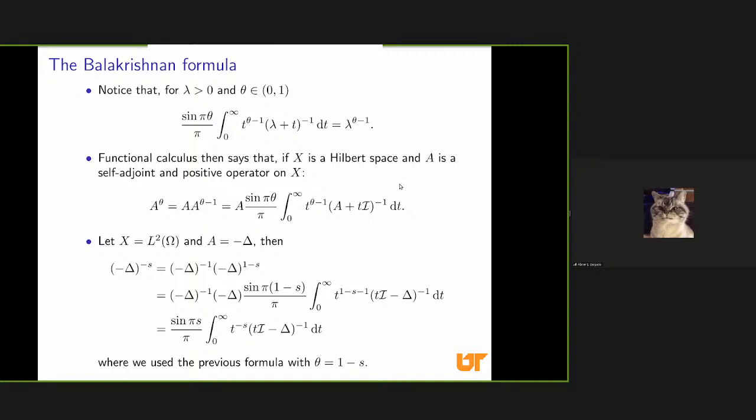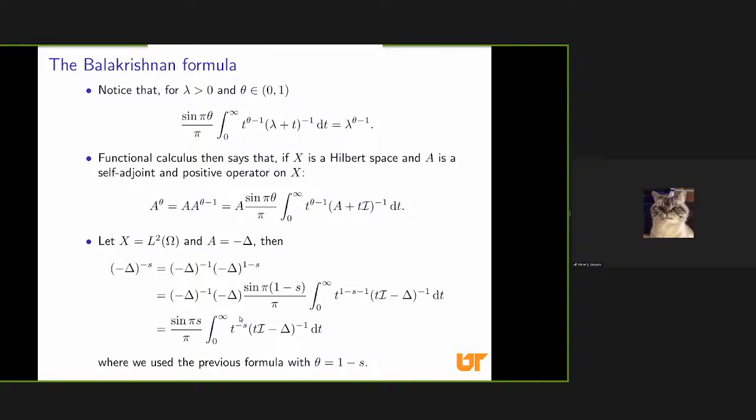And now this gives you a formula for the inverse of the fractional Laplacian. Namely, the inverse of the fractional Laplacian is the inverse of the Laplacian times the Laplacian to the power 1 minus s. And for that, you apply this formula with theta being equal to 1 minus s.